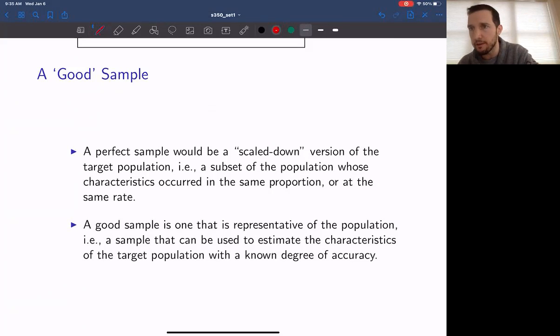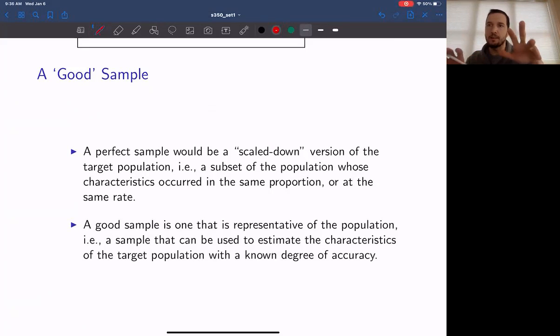Now, when I say characteristics, what I mean is that the sample is effectively a small version of the population where the proportion of gender identifications and the proportion of religious alignments, if you will, and political alignments and ages and interests in terms of hobbies and things like this, all of these different characteristics are equally represented in the sample in the same manner that they are in the population.